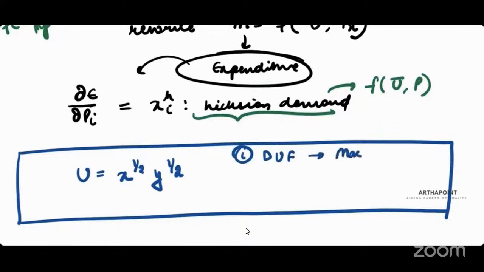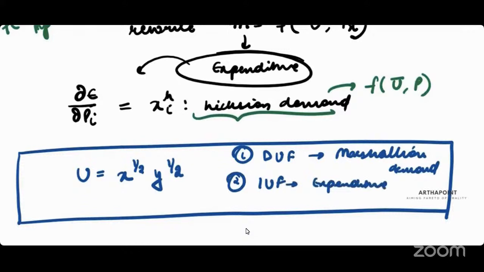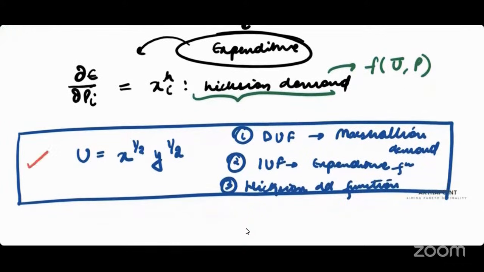From there, you will find Marshallian demand. Then you will find the indirect utility function. And then you will find the expenditure function. And finally, from there, you will find Hicksian demand. So you have to follow this entire process and get the answer for this.